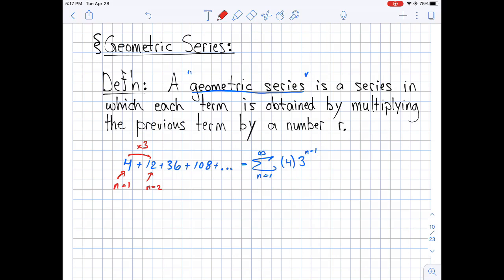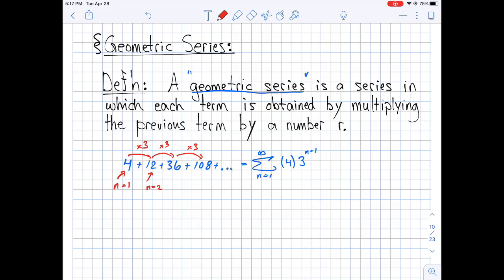Okay, and then this series keeps on behaving in the same way. Every time I increase the value of n by 1, I'm multiplying again by 3, and that's going to go from 12 to 36, and then from 36 to 108, and so on.